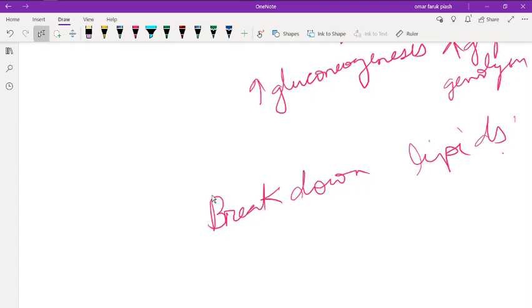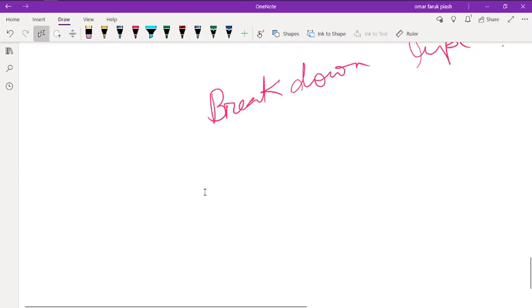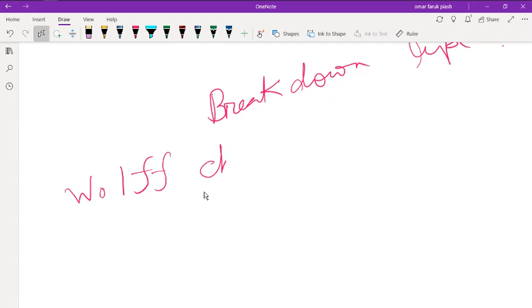regulation of thyroid hormone. And there is another thing, the Wolff-Chaikoff effect. What is this? The Wolff-Chaikoff effect is that excess iodine temporarily shuts off thyroid hormone synthesis. That means TPO.